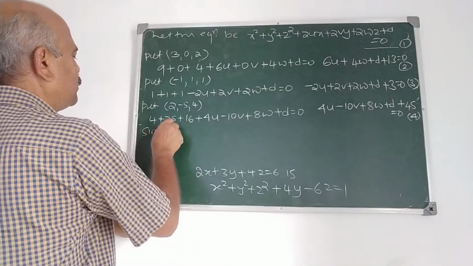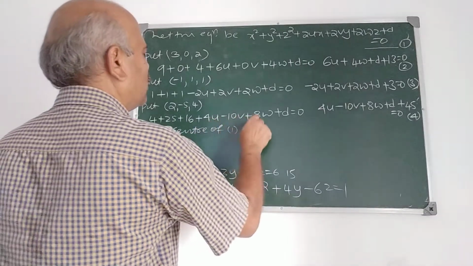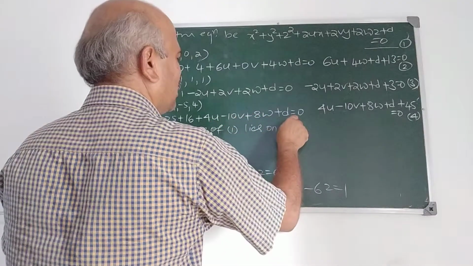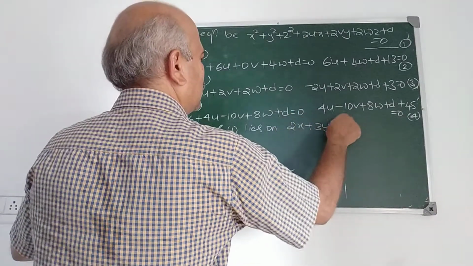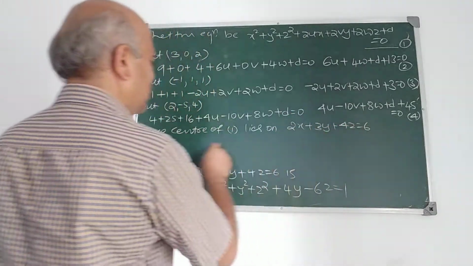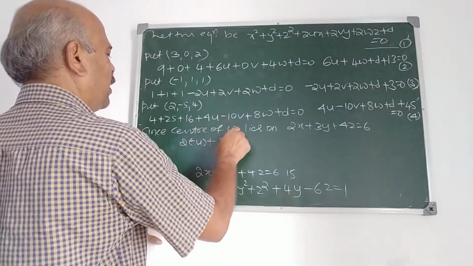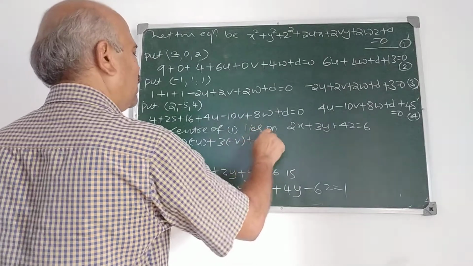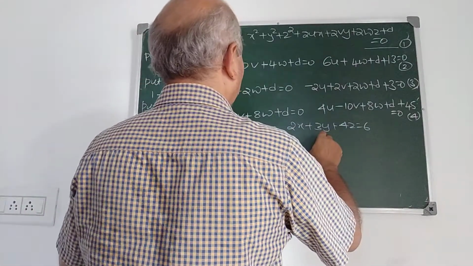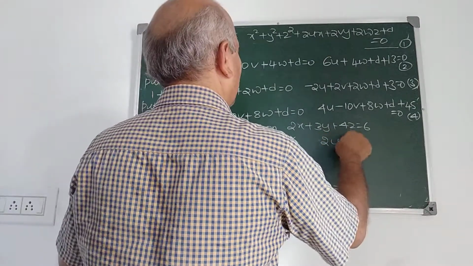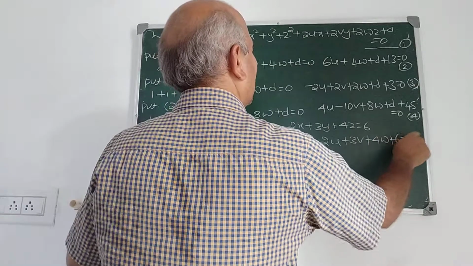Since the center lies on the plane 2x plus 3y plus 4z is equal to 6, we have 2 into minus u plus 3 into minus v plus 4 into minus w is equal to 6, or 2u plus 3v plus 4w plus 6 is equal to 0.